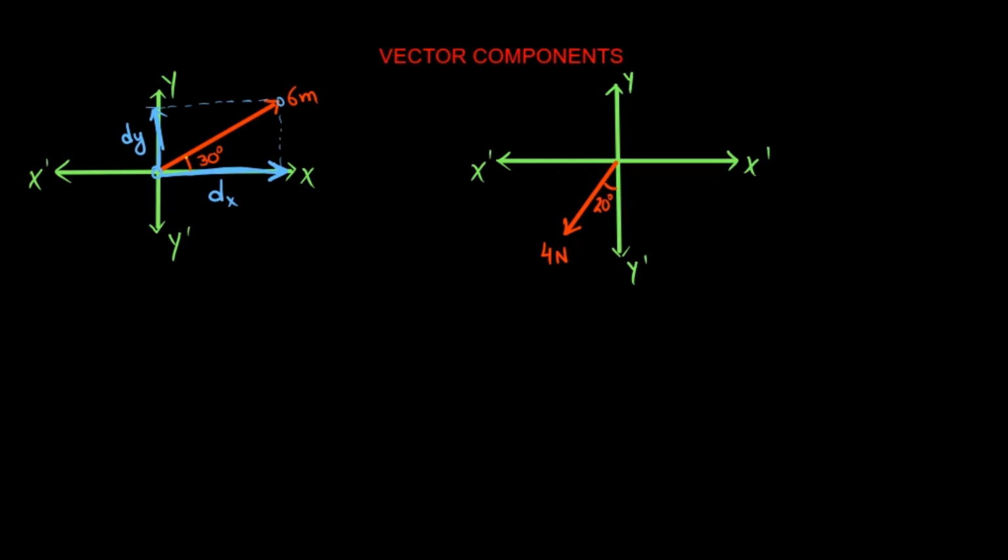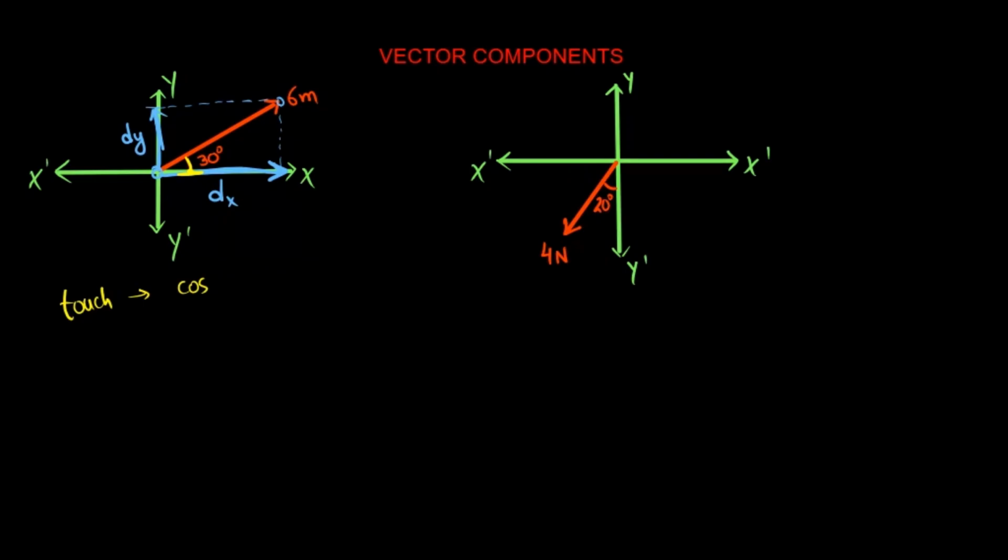In this case, this arc is touching the x-axis right here. It's not touching the y-axis, y is on the other side. The rule is, whatever axis your angle is touching will be multiplied by cos theta, and the other axis would be multiplied by sine theta.